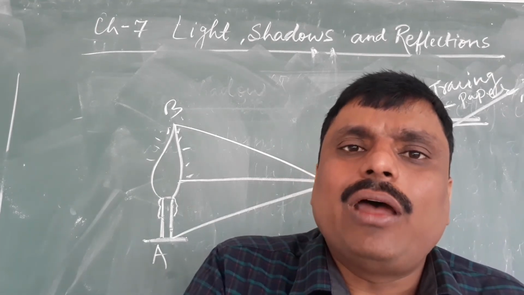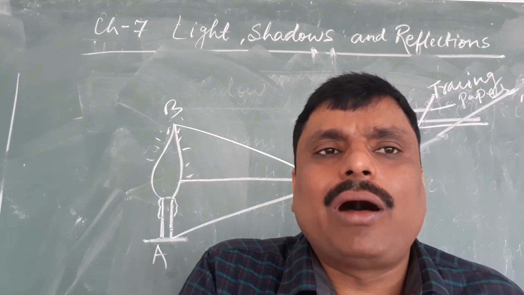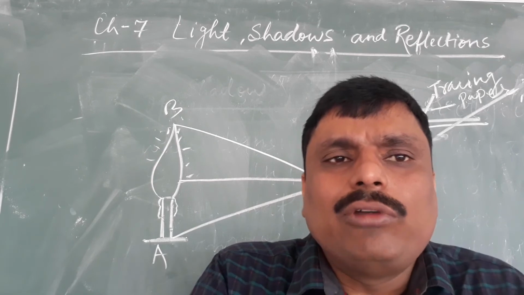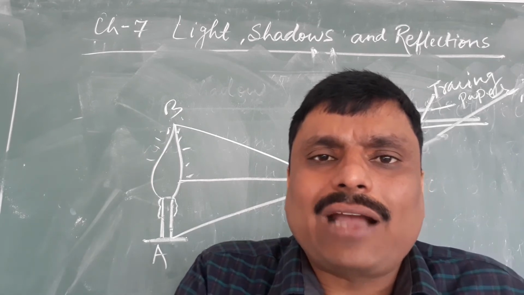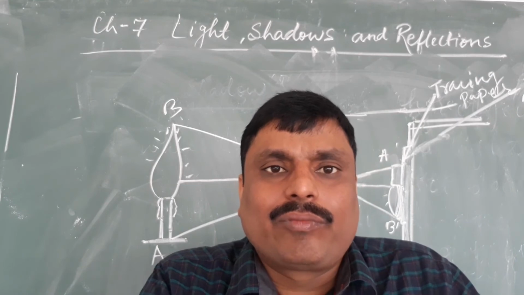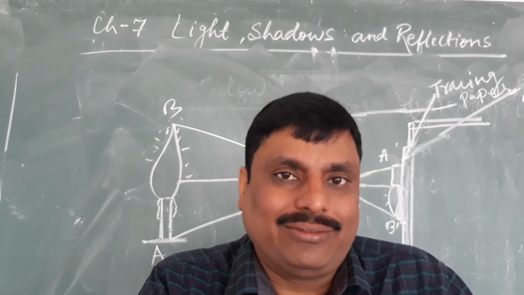If any opaque object is kept in the path of light, blocking the light, then the outline of that opaque object will be shown behind it in the form of a dark region. So there is only an outline.